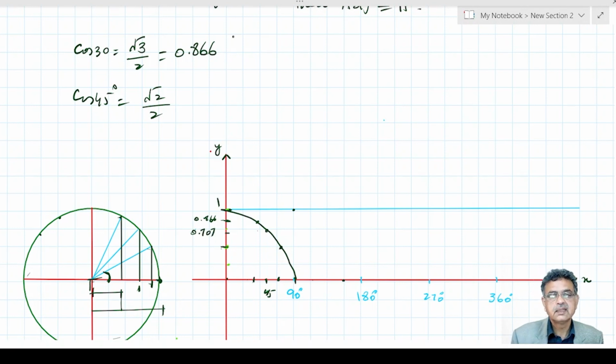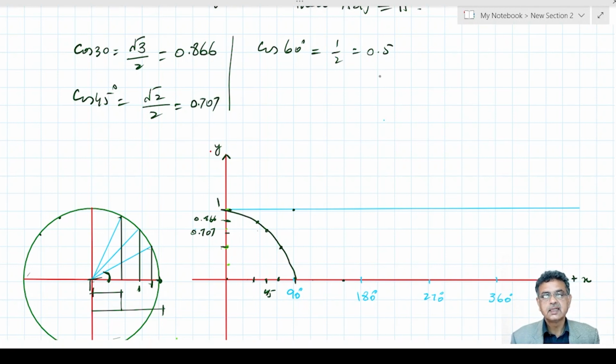And cos 60 degrees is 1 over 2 or 0.5. So at 60 degrees, it becomes half.